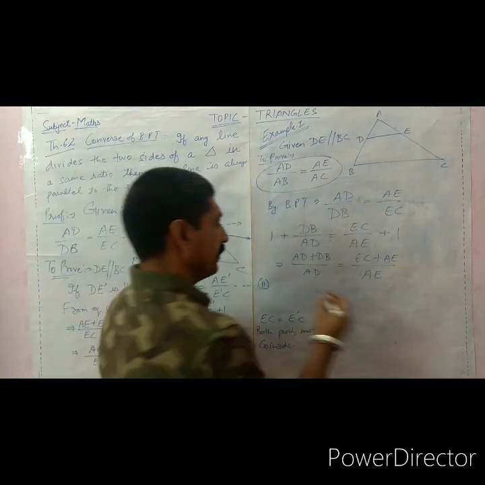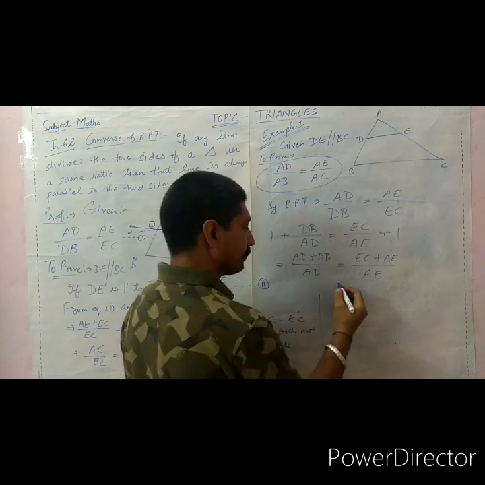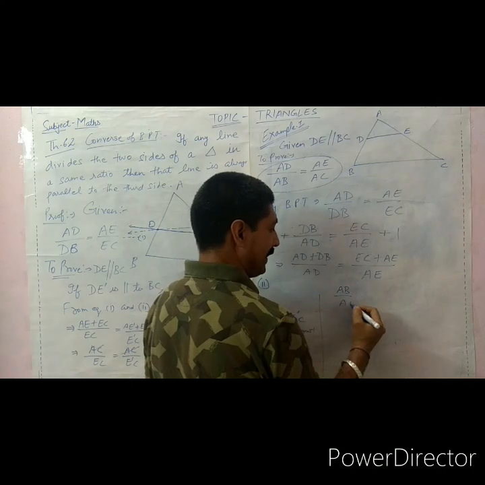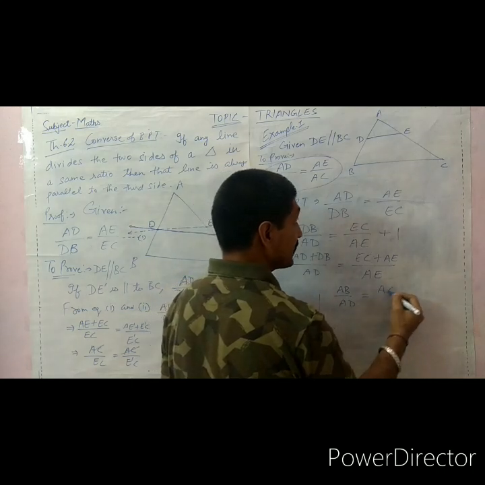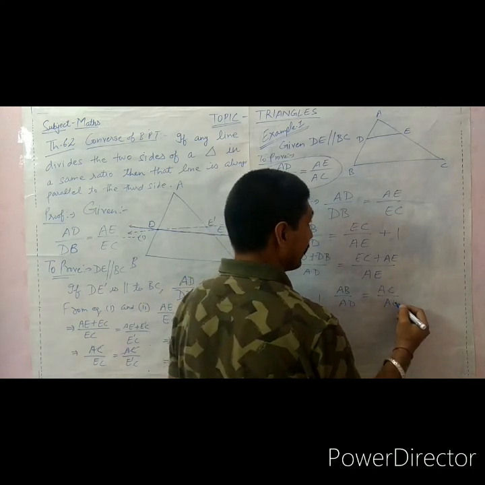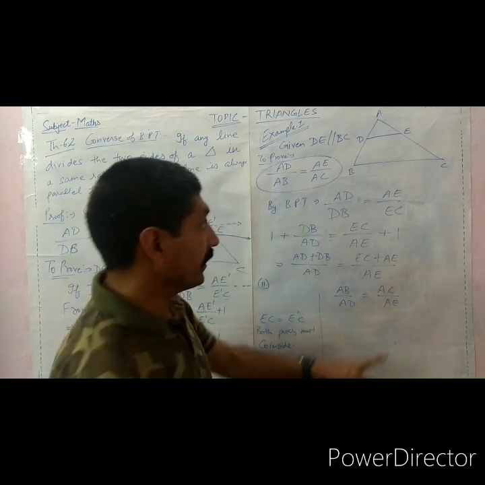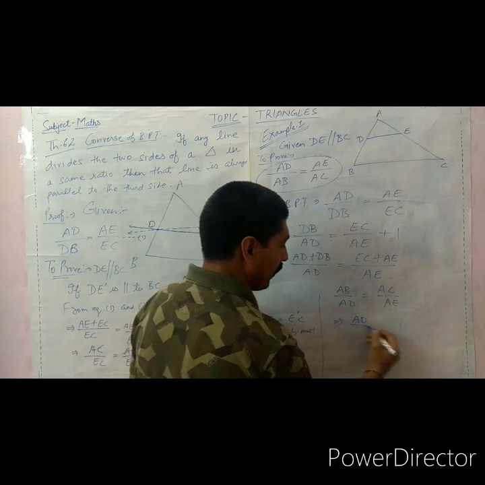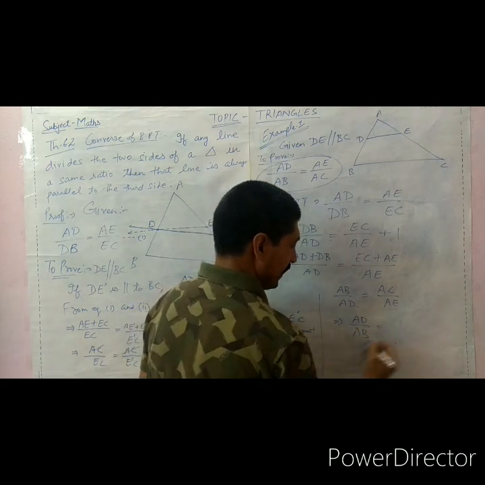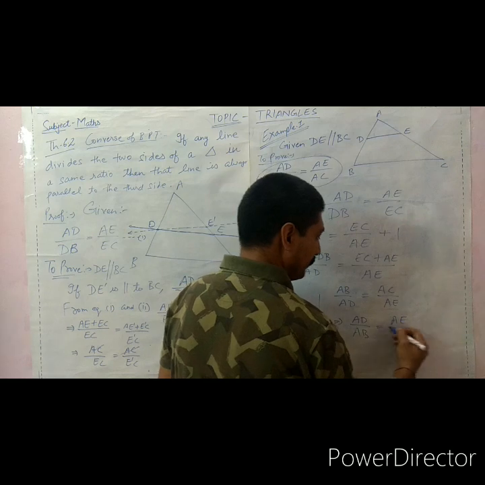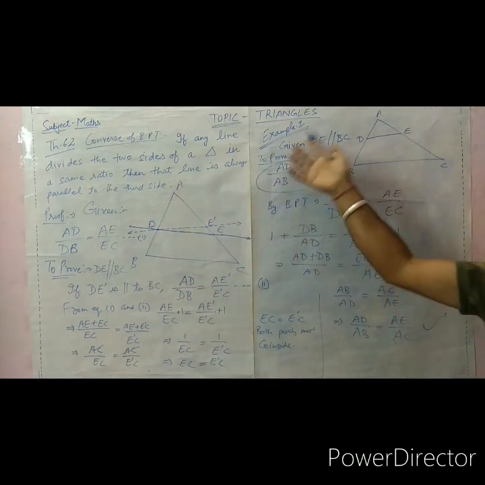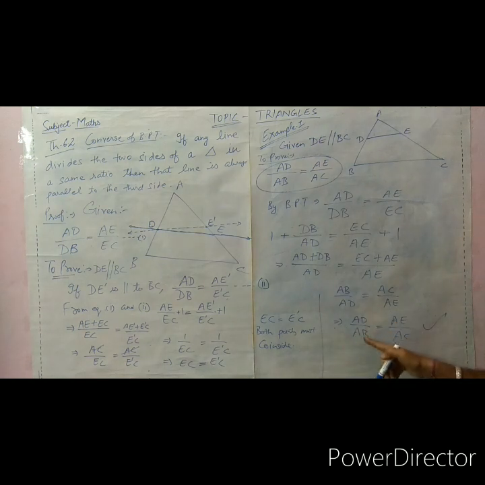So this is further equal to AB upon AD is equal to AC upon AE. Now again taking the reciprocal, AD upon AB is equal to AE upon AC. So this is example number 1. We wanted AD upon AB is equal to AE upon AC.